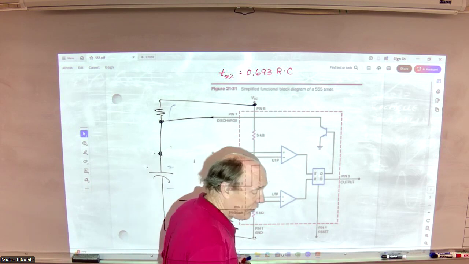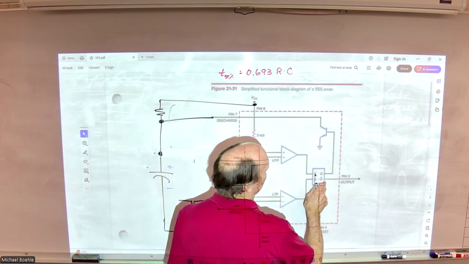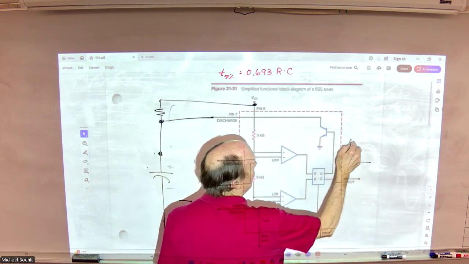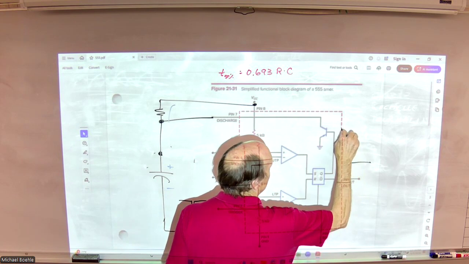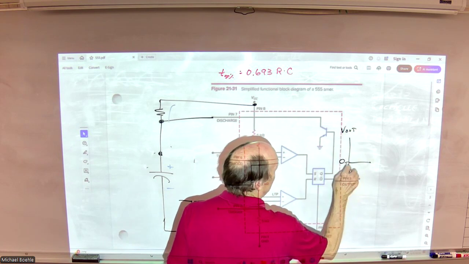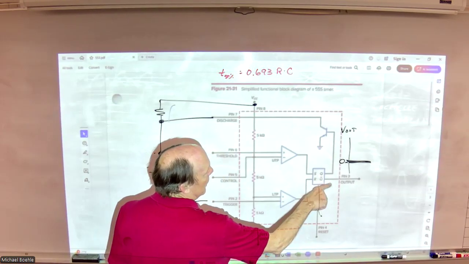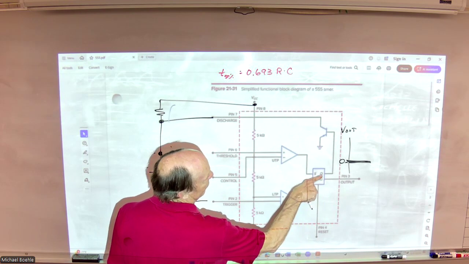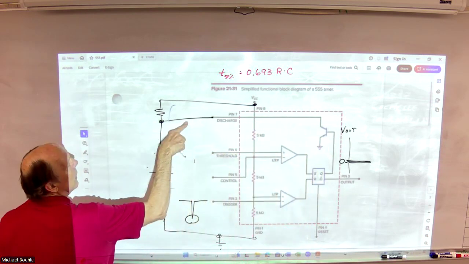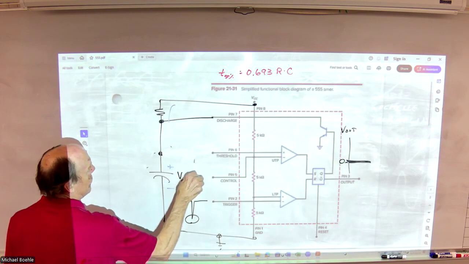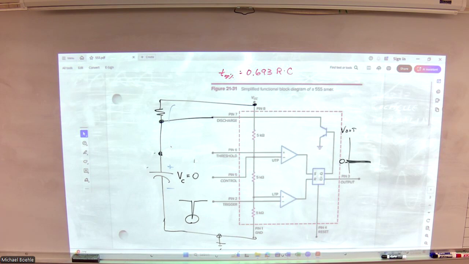Under normal conditions, the output is low. This is my output. It starts off low. Because the output is low, that's not Q, that means Q is high, which means this path here is grounded. So initially the capacitor voltage is 0. That's a stable condition.